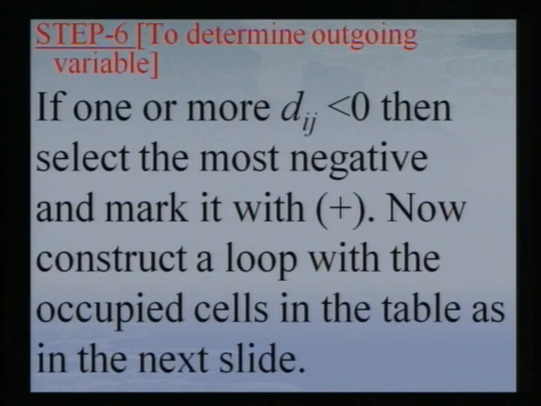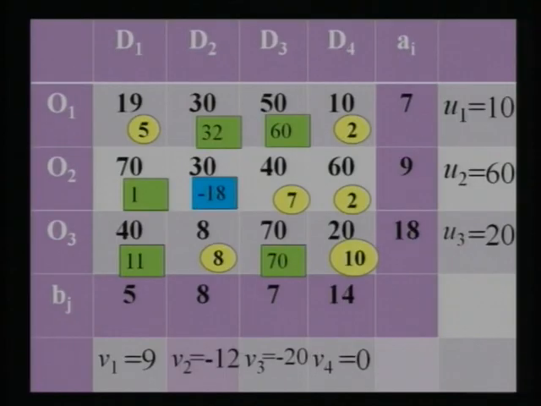We start with the most negative cell. Here luckily we have only one negative cell, that is minus 18, which is blinking. But suppose there are two or more negative values, and suppose this is minus 60, then we would have to select this particular cell.